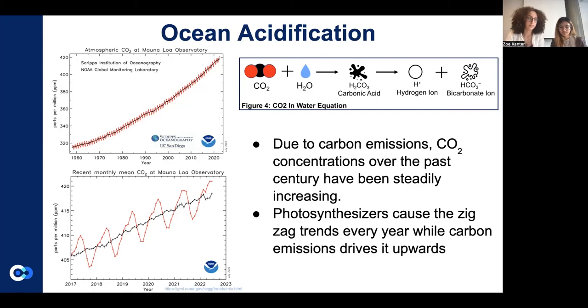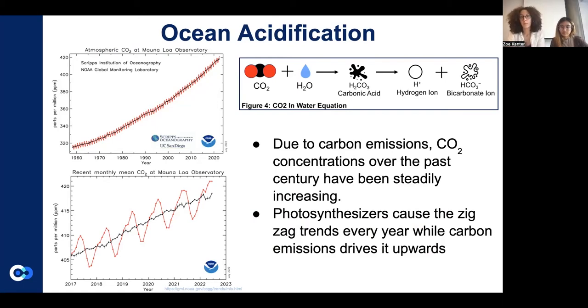In the summer months, there is more energy from the sun available, and this allows photosynthesizers to do more photosynthesis, where they take CO2 and convert it into oxygen. This decreases the amount of CO2 in the environment. But then in the winter, the amount of CO2 increases again. So even though there's a zigzag pattern, the trend overall is still steadily rising.